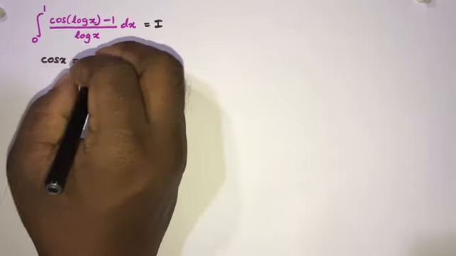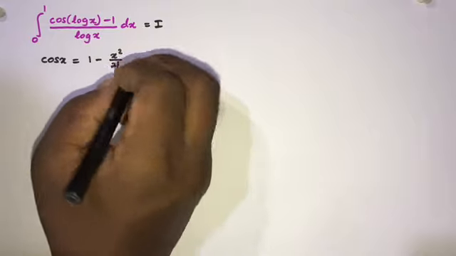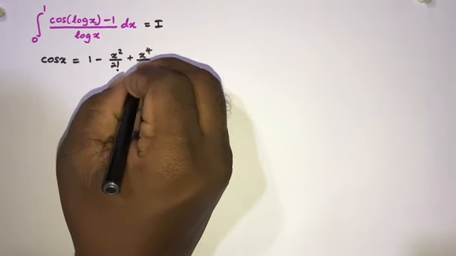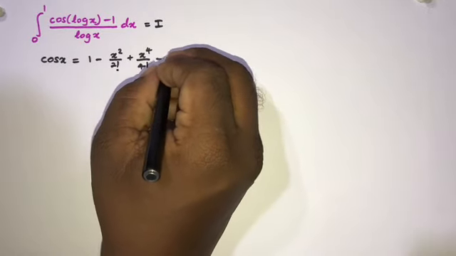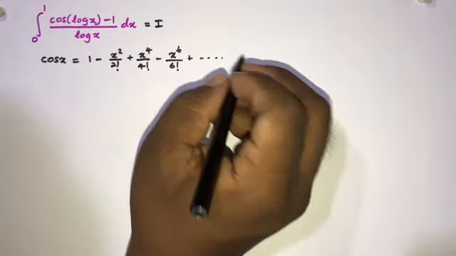We know this is equal to 1 minus x squared over 2 factorial plus x to the 4th power over 4 factorial minus x to the 6th power over 6 factorial plus and so on.